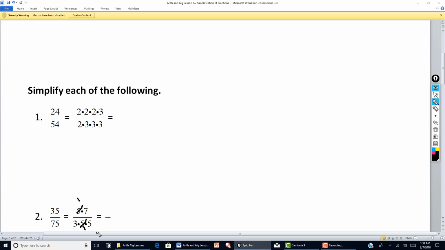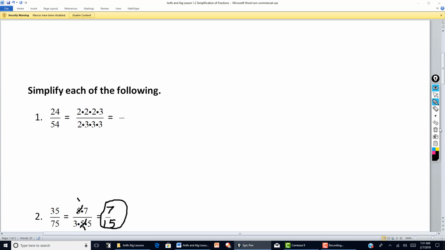And then you multiply what you have left. On top you have 1 and a 7, so 1 times 7 is 7. The bottom you have 3 times 5 times 1, so that's 15. That's in lowest terms, 7 over 15. That's your reduced fraction, or simplified fraction.